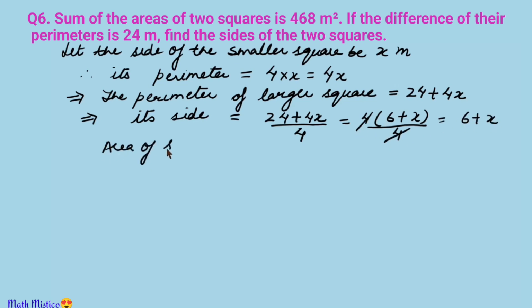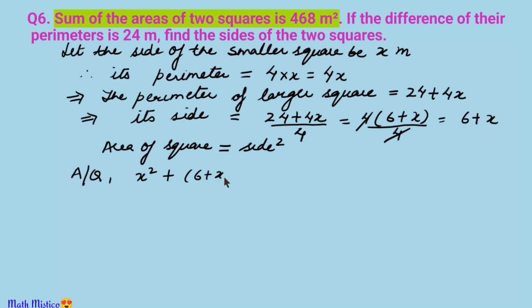Area of square is side square. According to question, sum of the two areas is 468. Therefore, x square plus 6 plus x whole square is equal to 468.